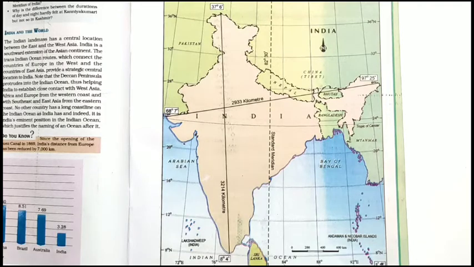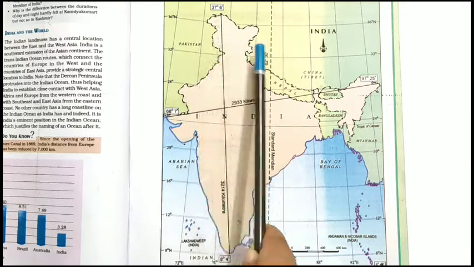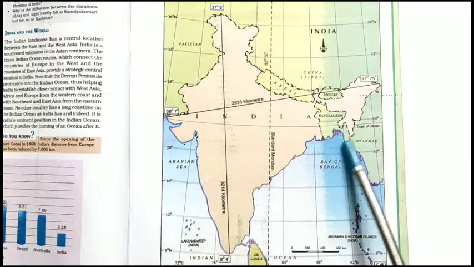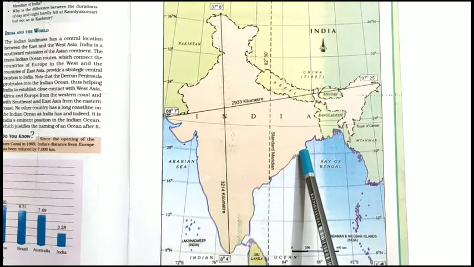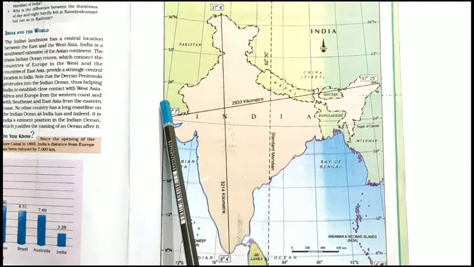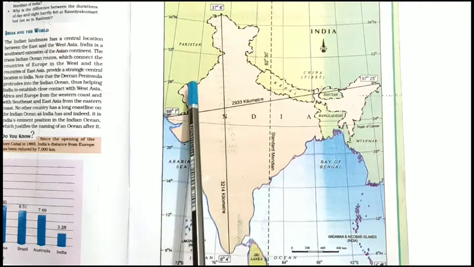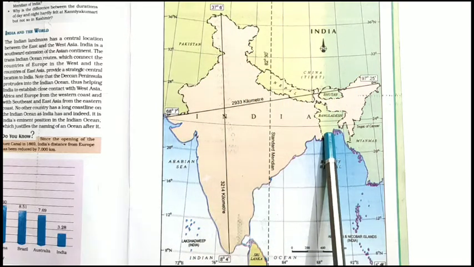Coming back to this map again. This is the land boundary of India, which connects different countries. And this area is called coastline. So this land boundary is about 15,020 kilometers from here to here.